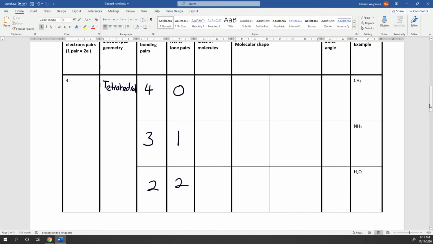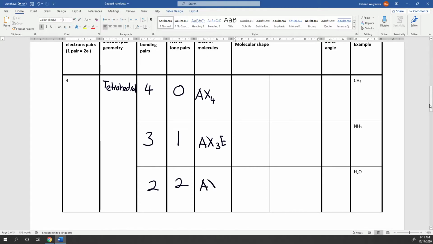So the class of molecule, central atom, and then kalau kita ada 4 bonding, maksudnya ada 4 terminal atom kan? And dia tak ada lone pairs. While this, 3 terminal atom. Yes, E. E you boleh tulis 1 ataupun tak tulis pun tak apa, because 1 is still the same kan?